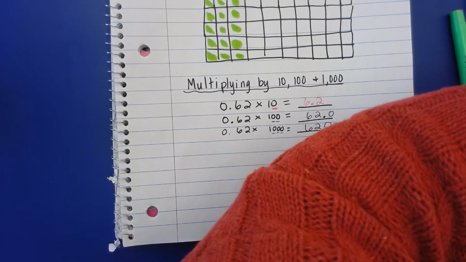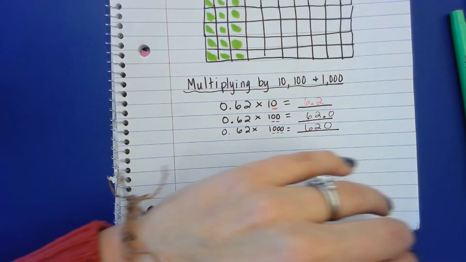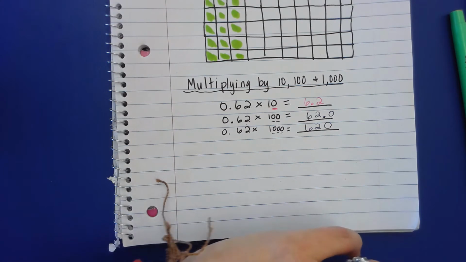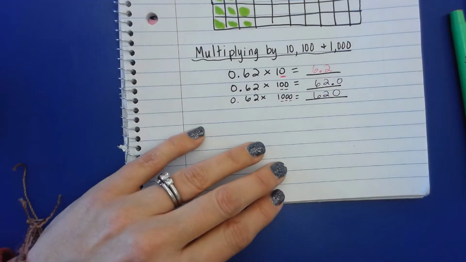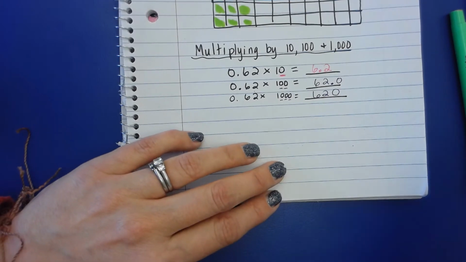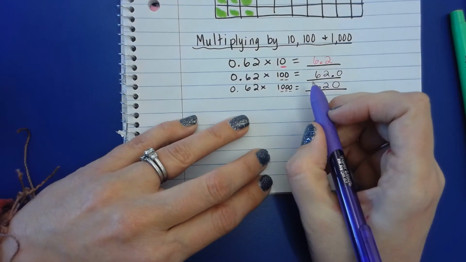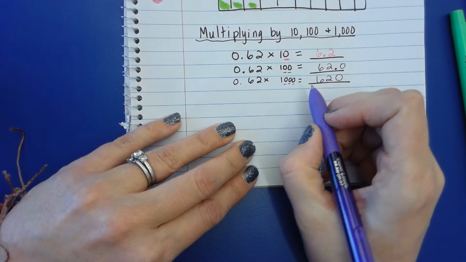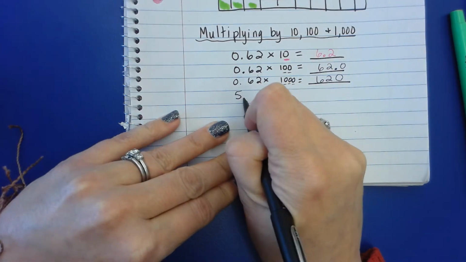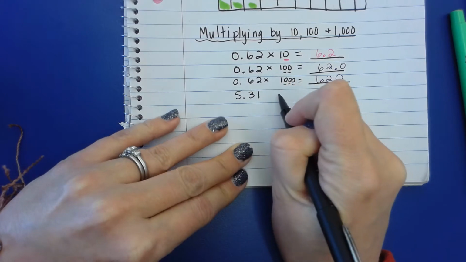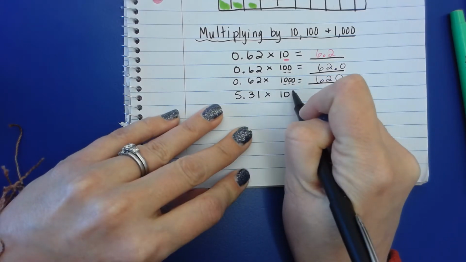Okay. You know what? I might as well show you another version of how you might see this. You might also see, again, something sneaking back at you, which you've seen before. What if you see an example like 5 and 31 hundredths times 10 to the 0?